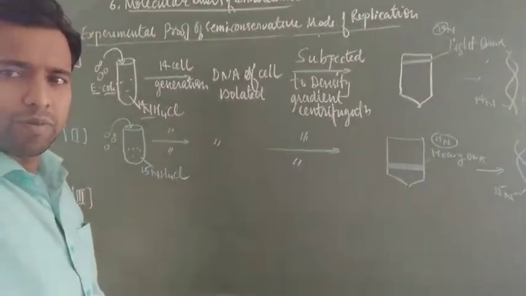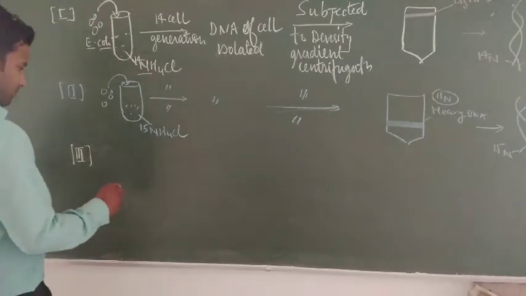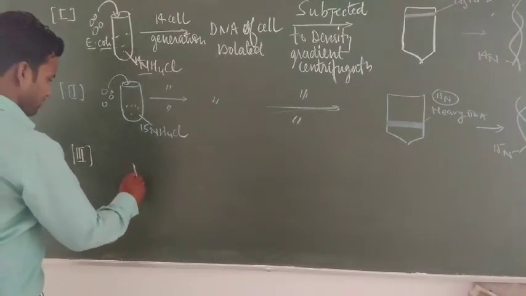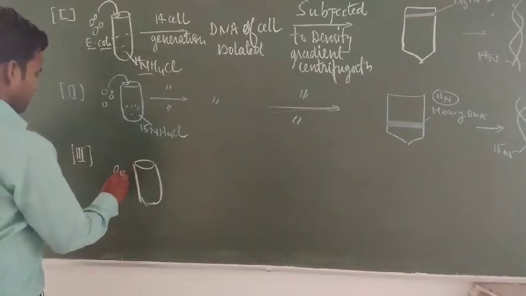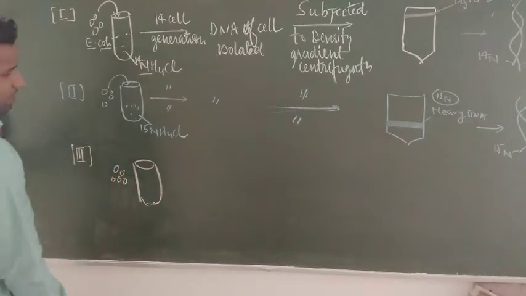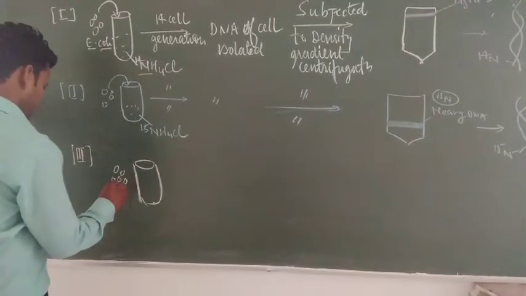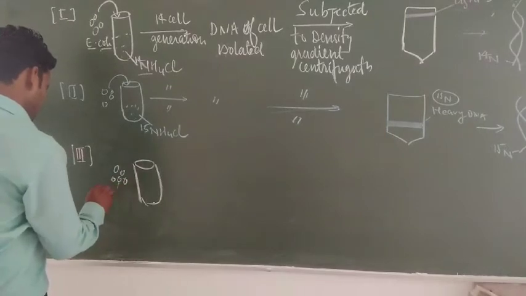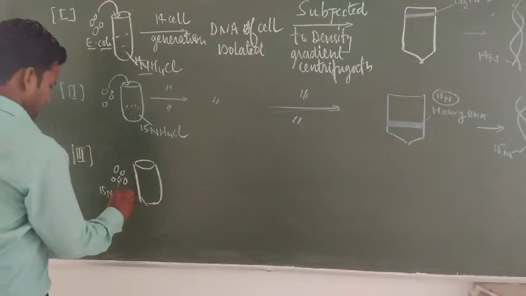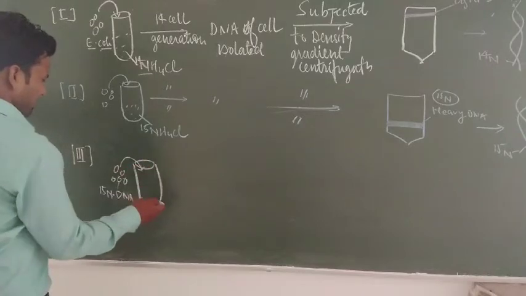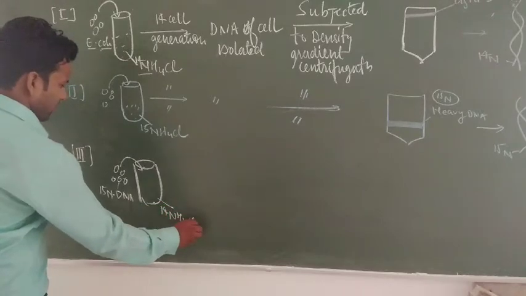They cultured E. coli bacteria that were labeled with N15, either N14 or N15 you can take, and the DNA was labeled with N15, then cultured in N14 containing ammonium chloride solution.